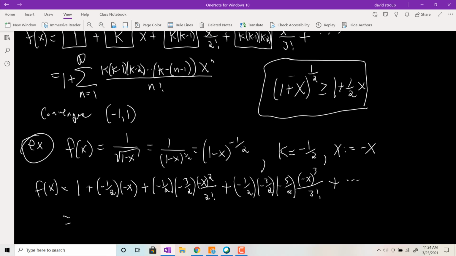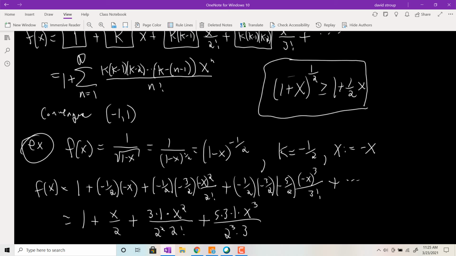Notice all the terms are going to be positive because of the way it pans out. So this will be 1 plus x over 2 plus 3 times 1 times x squared all over 2 squared times 2 factorial plus 5 times 3 times 1 times x cubed all over 2 cubed times 3 factorial.